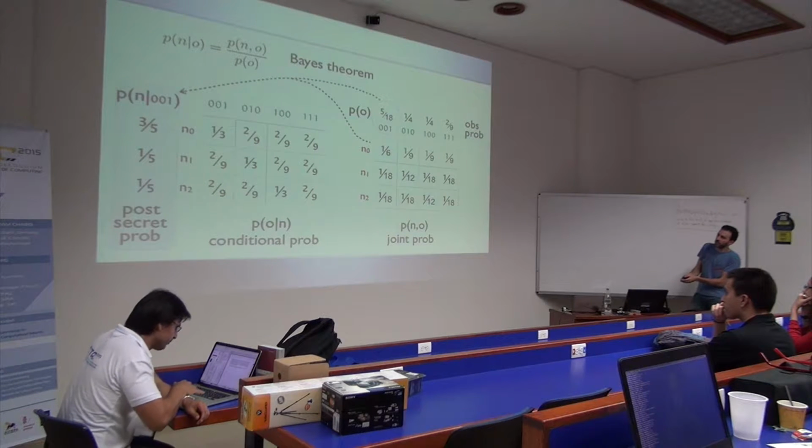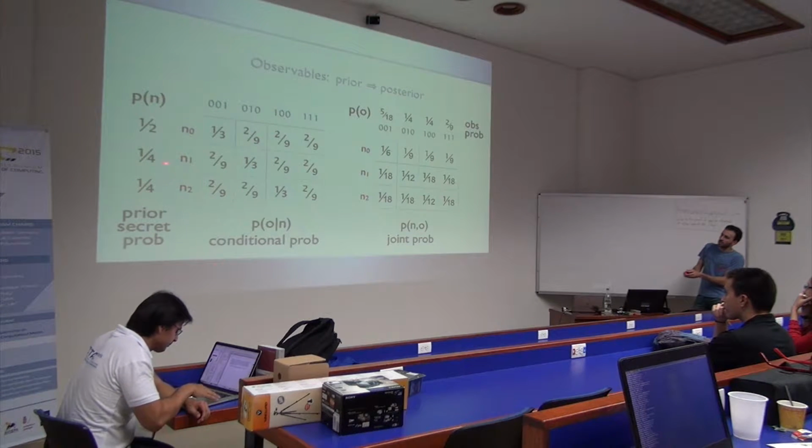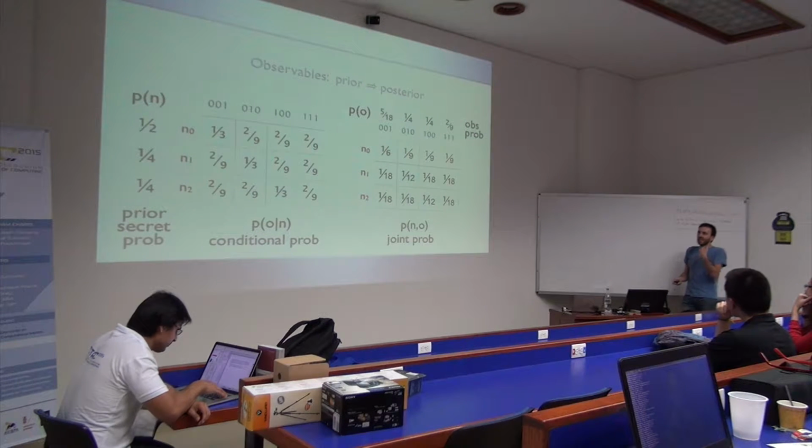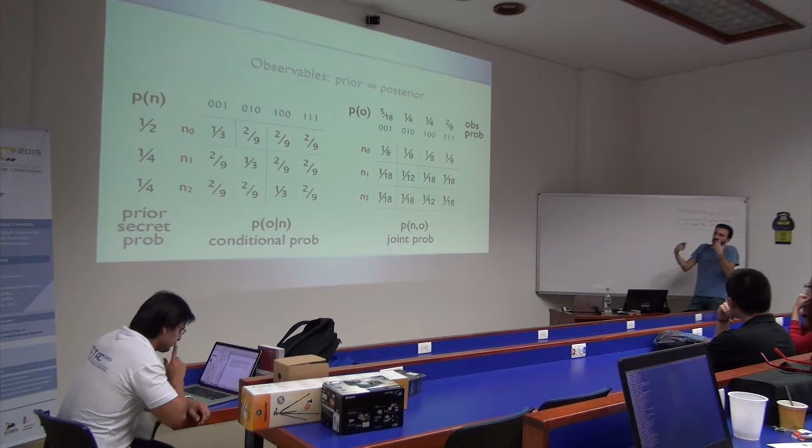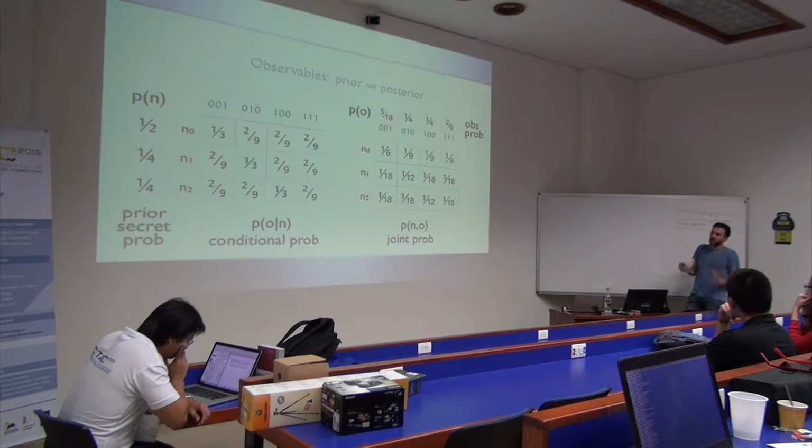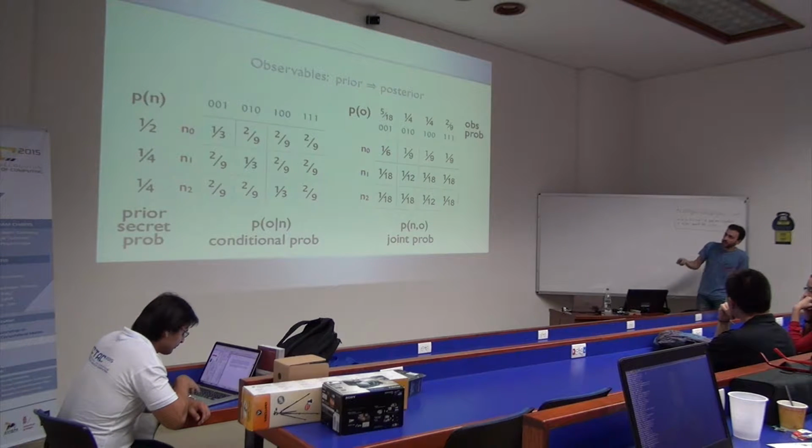To see the relationship between this, this is the prior secret probability. This is what I knew before the protocol, what I was suspecting, some general information about my secrets when I started the protocol.